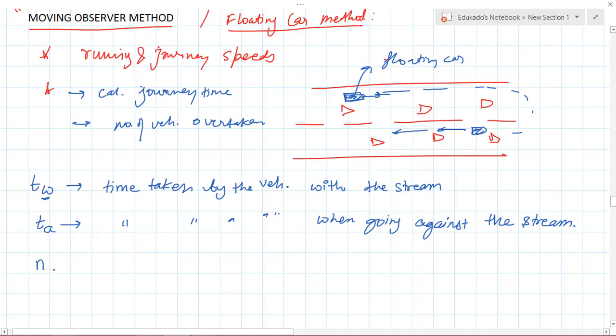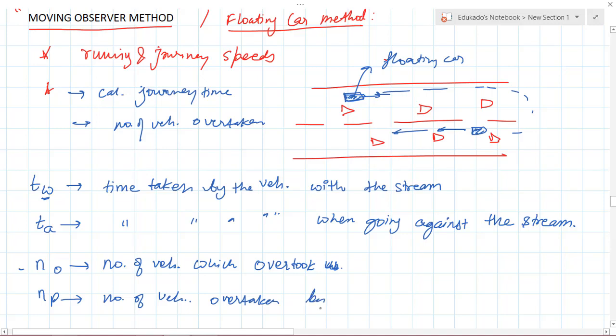So there will be the number of vehicles which overtook us. As I told you, there can be some vehicles that can overtake us. We are just a floating car, testing car. So the number of vehicles that overtook us is represented by NO, and NP is the number of vehicles which we overtake, the number of vehicles overtaken by us.